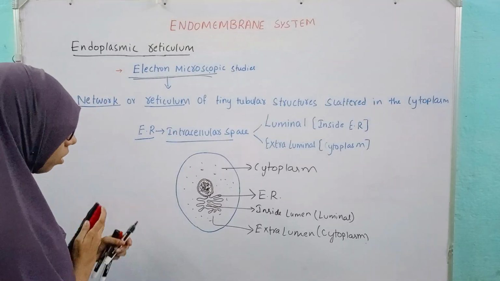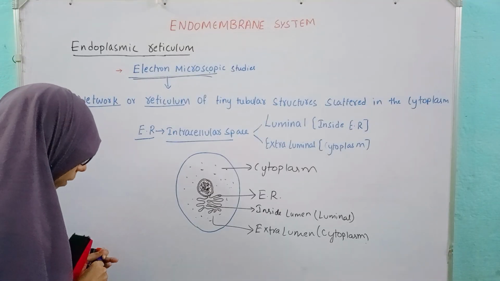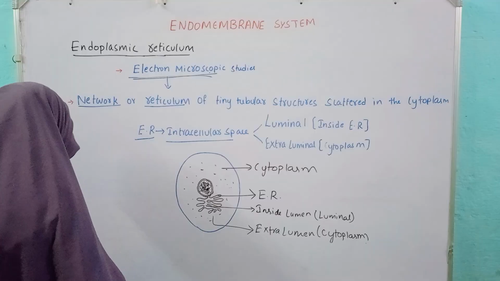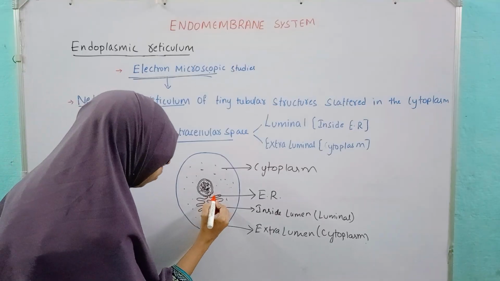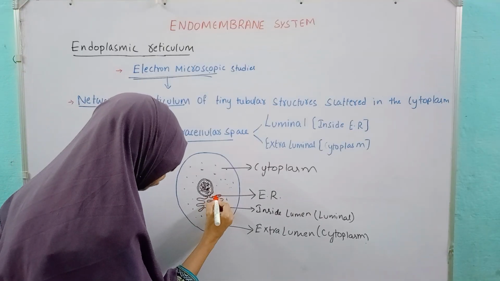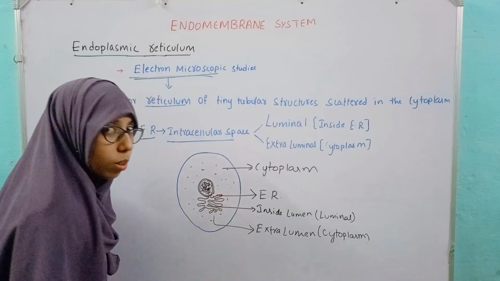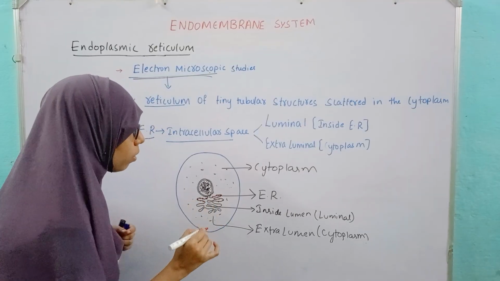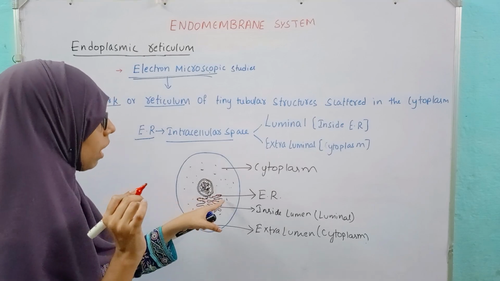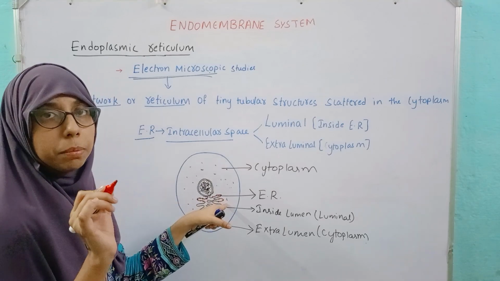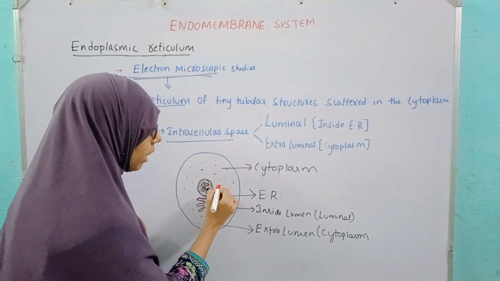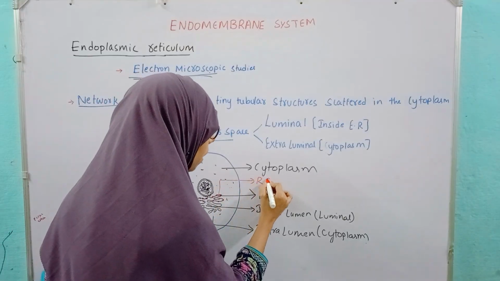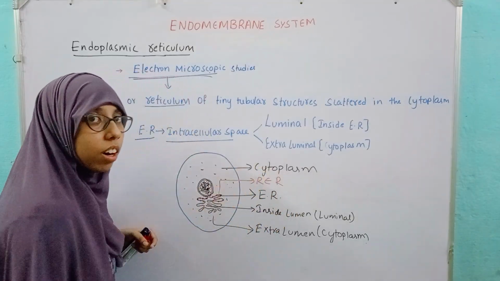This endoplasmic reticulum has ribosomes on it. We can see ribosomes attached to the endoplasmic reticulum. We call it rough endoplasmic reticulum, or rough ER.